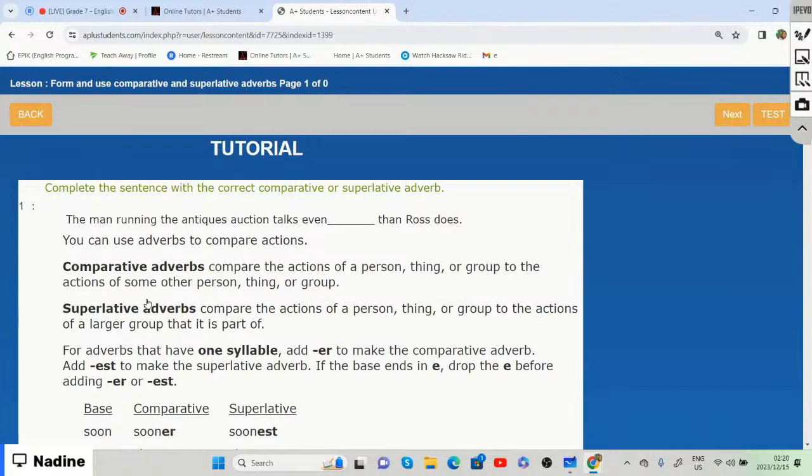So a comparative adverb, right? It compares the actions of a person, thing, or group to the actions of some other person, thing, or group.